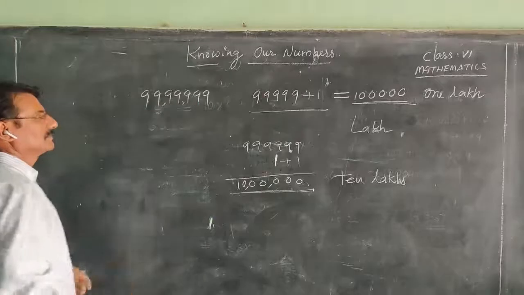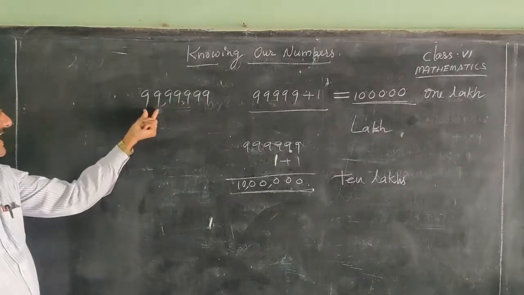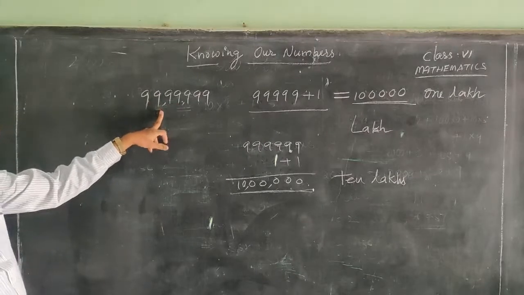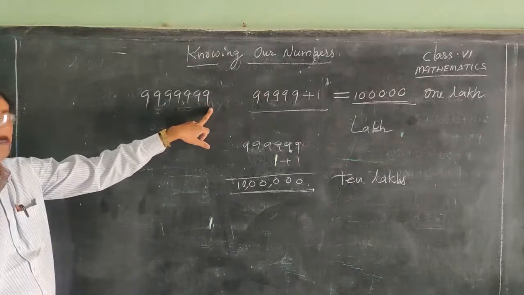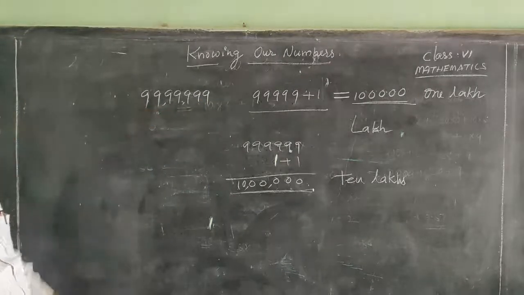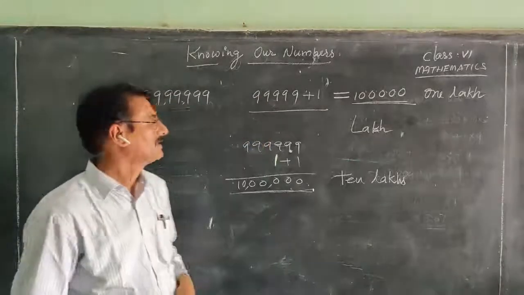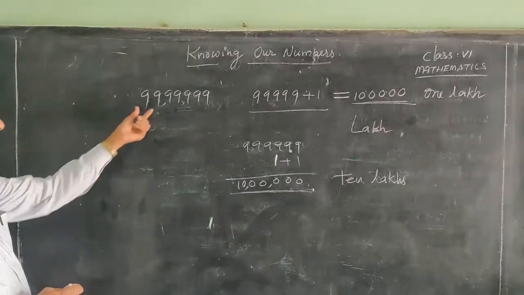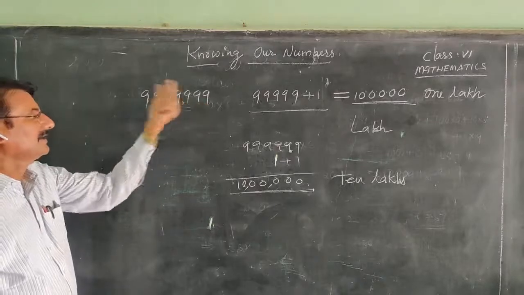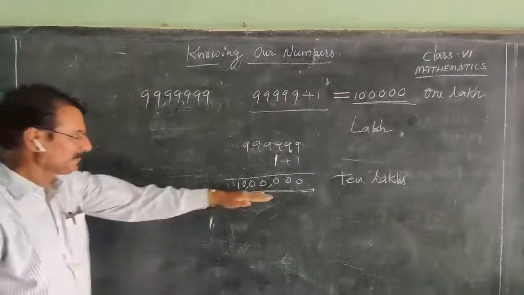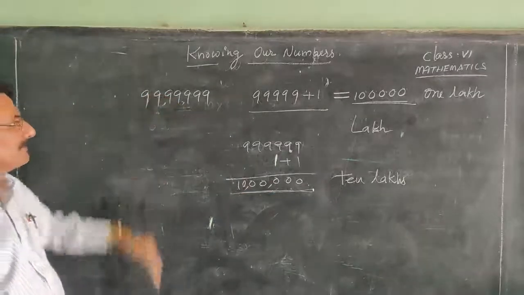Put the comma. 100, 1000, lakh. 99 lakh 99,999. So it is the highest 7-digit number. 10 lakh is the smallest 7-digit number. 99 lakh 99,999 is the highest or largest 7-digit number.